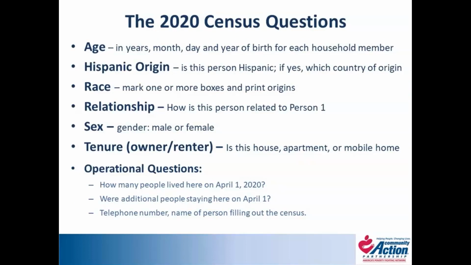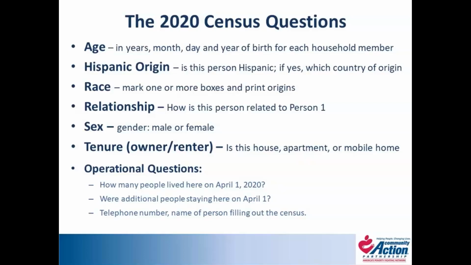This decade, they've changed the race question, and instead of just being one box, you can check more than one box, or you can create your own race if you're multi-ethnic. Relationship, they're going to ask how this person's related to the first person on the form. So in theory, the people who fill out the form will put themselves down first, and then they ask for relationship. So is it a daughter? Is it a friend? Is it a spouse? They will ask gender, male, female.